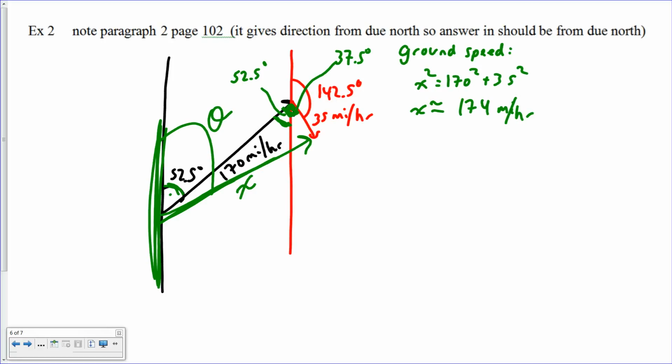Now I want to do the true course. True course is the angle at which the resultant is affected. What you really want to know is the actual direction of the plane. I want to know what my theta is off the north end.